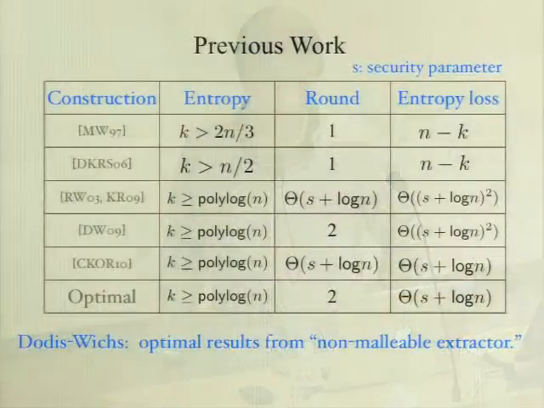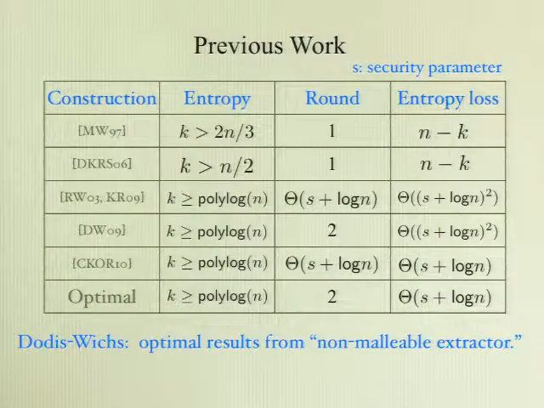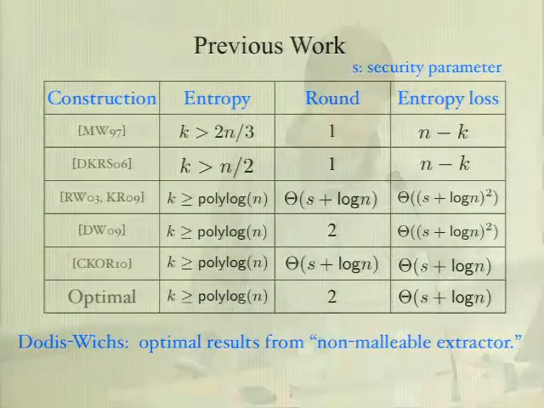Right. Okay, so now this table shows some of the previous works here. So remember s here is the security parameter. Basically, the ultimate goal of the privacy amplification protocol is that you want a protocol with as few rounds as possible, and you want as small an entropy loss as possible.